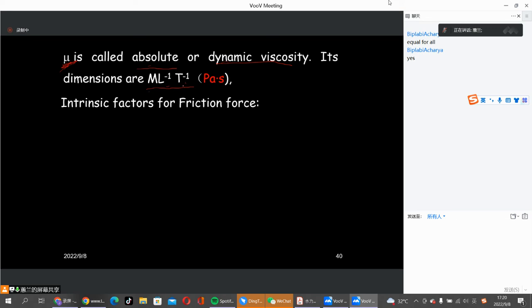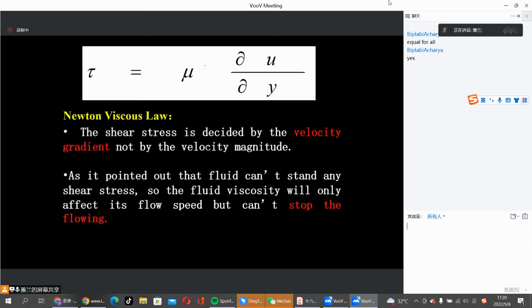And we can also use the unit per second to indicate it. You can derive this using this formula.